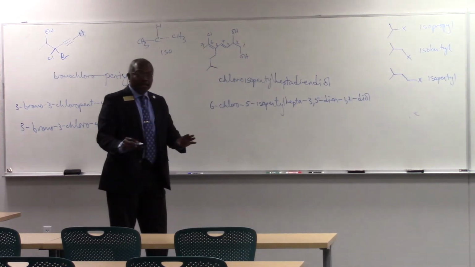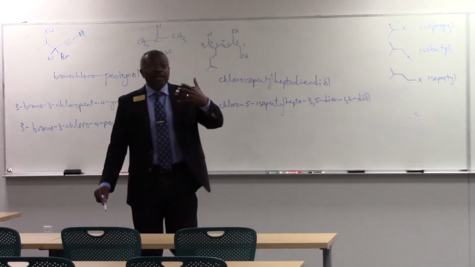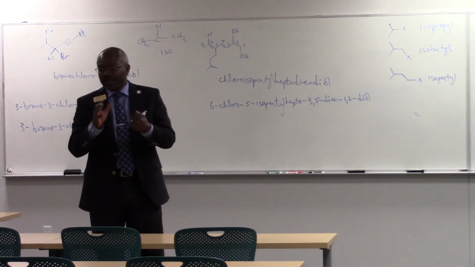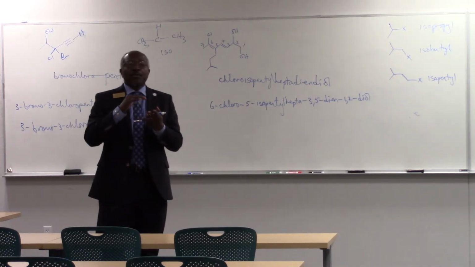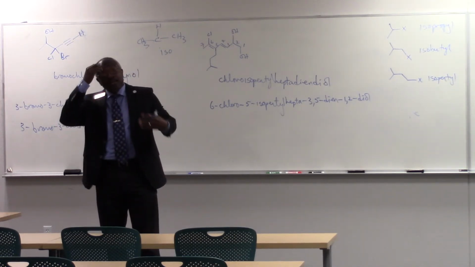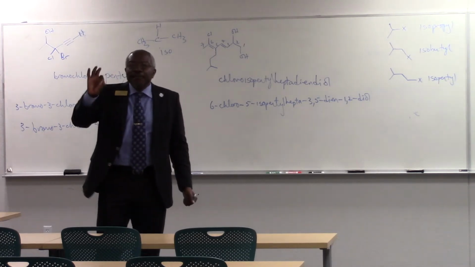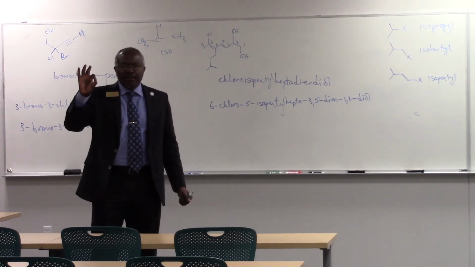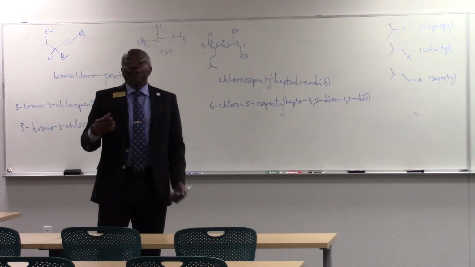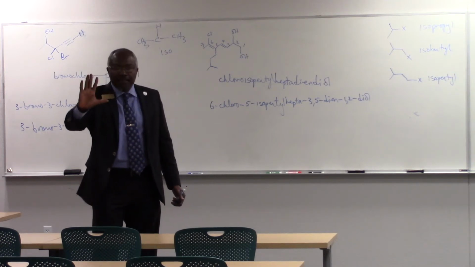But we're not done. Whenever we have carbon-carbon double bonds, we have to worry about the possibility of cis and trans, the possibility of geometric isomerism. And again, when will we get geometric isomerism? When neither vinylic carbon has the same 2 groups, or put another way, when both vinylic carbons have different groups on each of them.